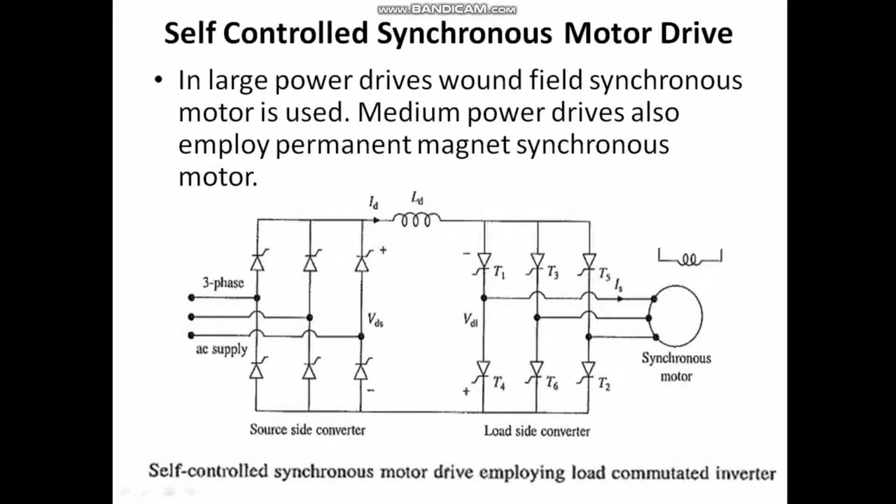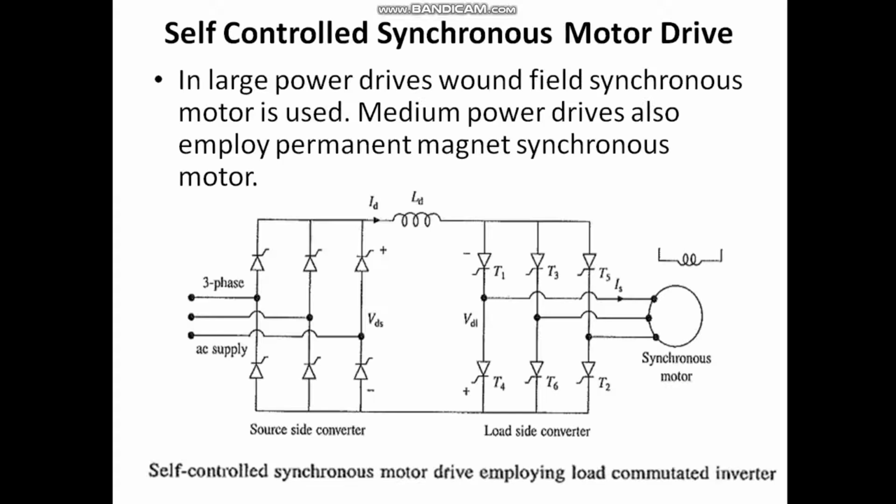We had already discussed LD. The function of LD is to resist the high current. This drive employs 2 converters: one is the source side converter, and one is the load side converter.